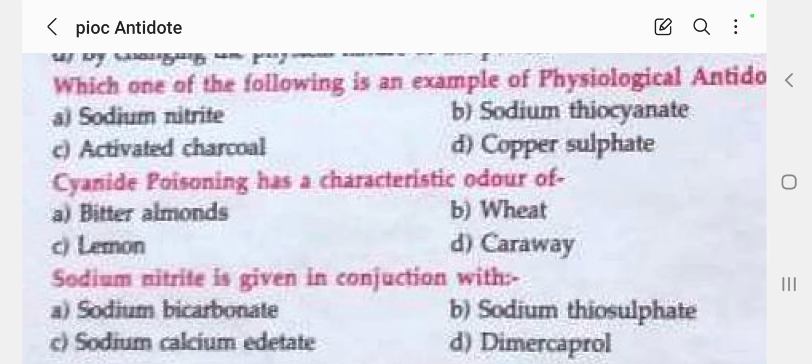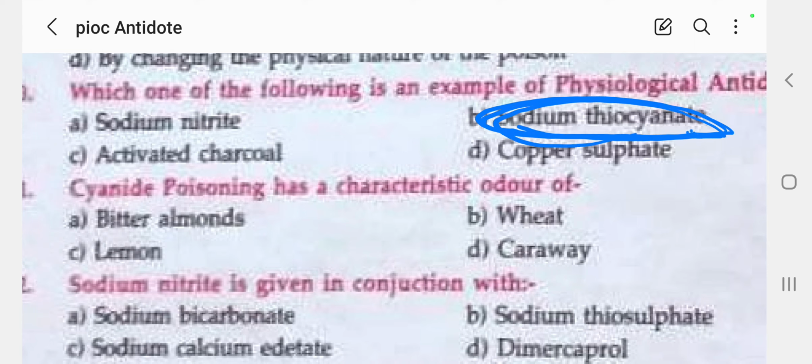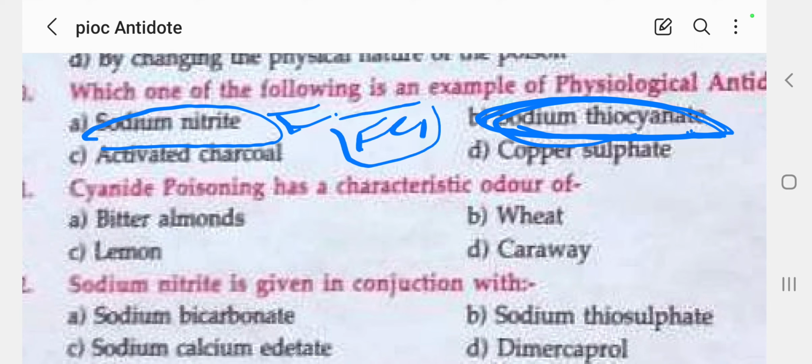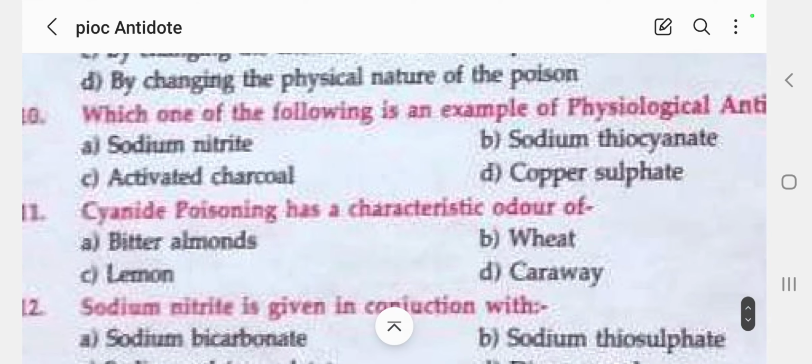Chemical nature means, to give an example, sodium thiosulfate, because it changes the chemical nature. And physiological means it converts the ferrous form of hemoglobin to the ferric form, methemoglobin. In the previous session I already gave a detailed explanation of the mechanism of action, so go through that previous video to understand how it works well. So sodium nitrite is the example for physiological.